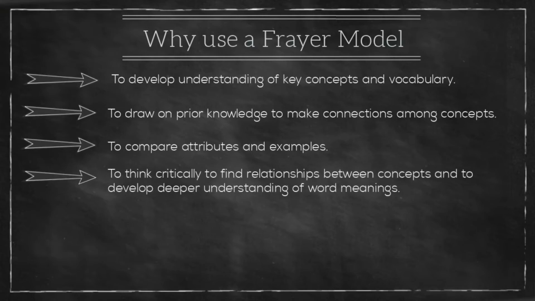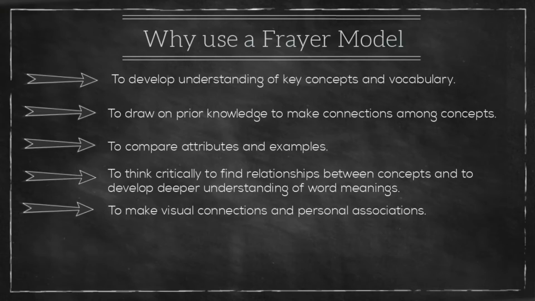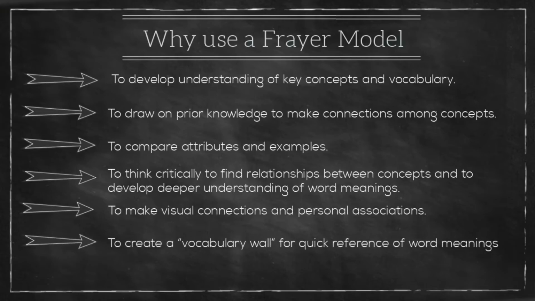Number four, it's to think critically to find relationships between concepts and to develop deeper understanding of word meanings. This is a very important point. To make visual connections and personal associations. To create a vocabulary wall for quick reference of word meaning.